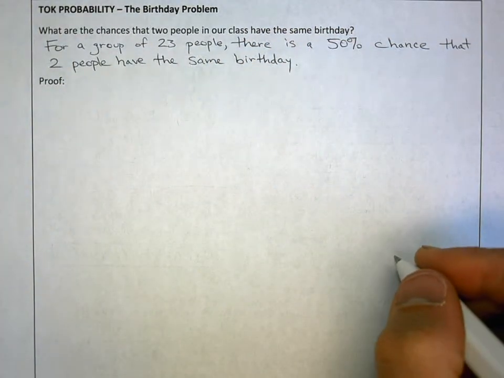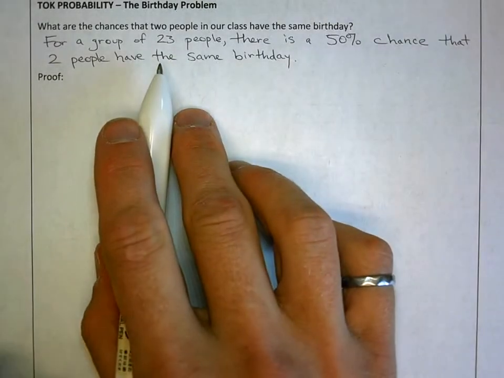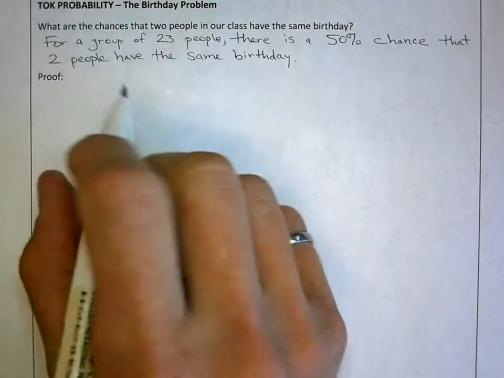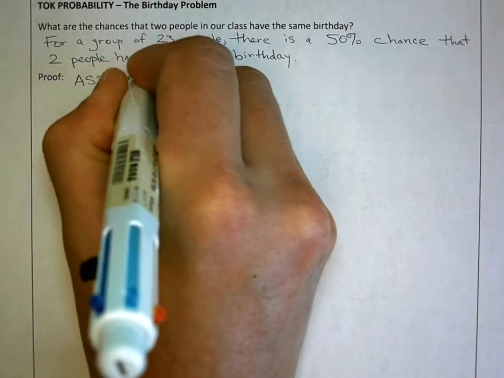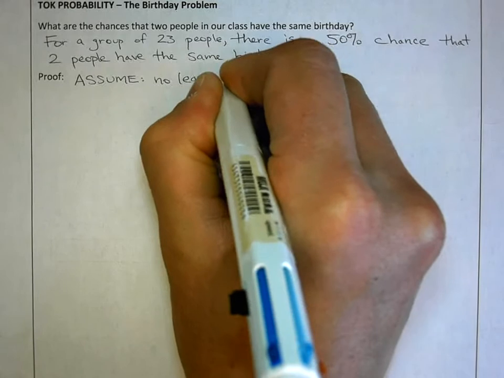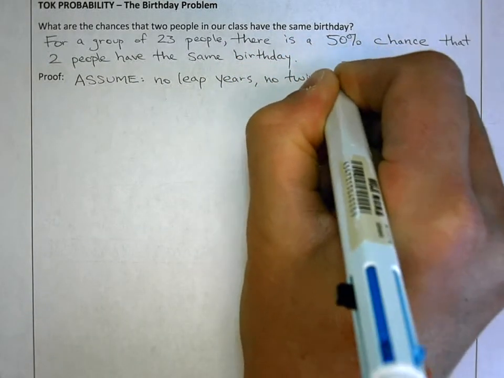Okay, now we're gonna prove this. The way we're gonna prove this is we're gonna actually look at people who don't have the same birthday. But let's start making a few assumptions for this proof. First of all, we're gonna assume that there's no funny business. There's no leap years. There's no twins, etc. Okay?